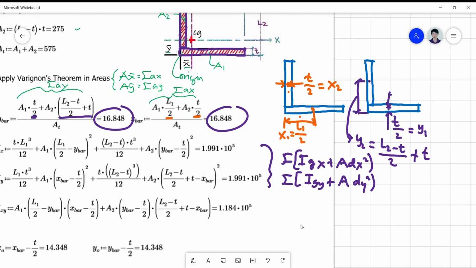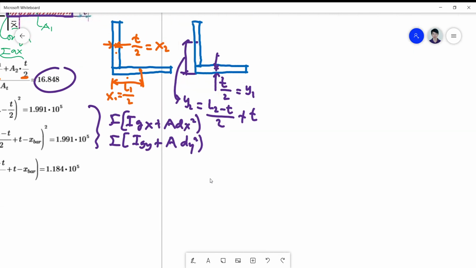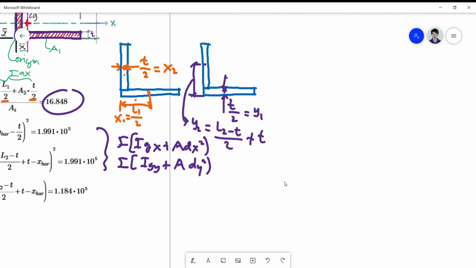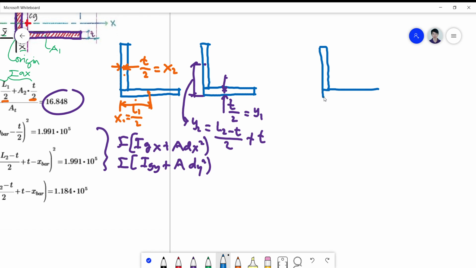Okay, so for your Igx, we have two components. The first component is this one, and the second component is this one.